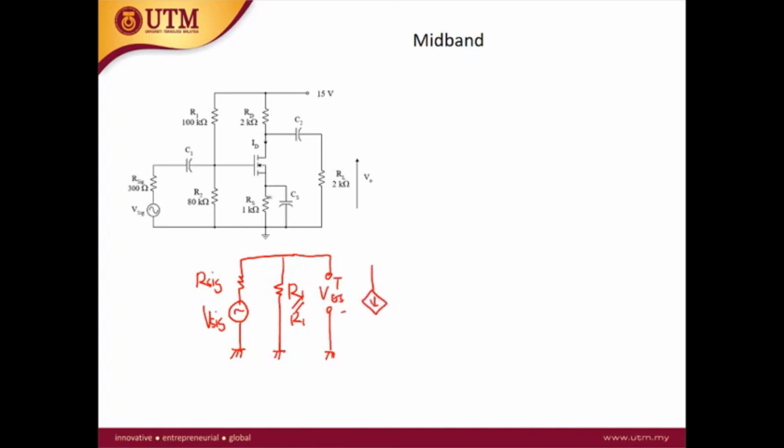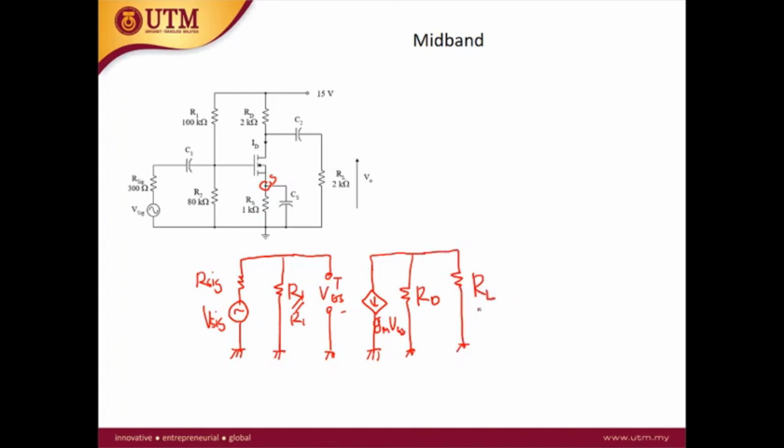At the source, the point here is directly connected to the ground because we have the bypass. The CS bypasses to the ground. This is the RD, and then this is your RL. Okay, this is the mid band.